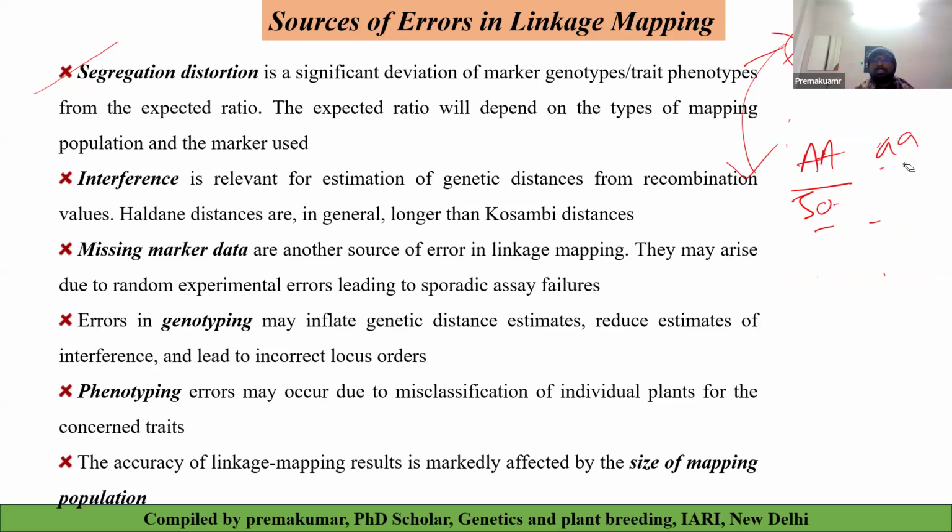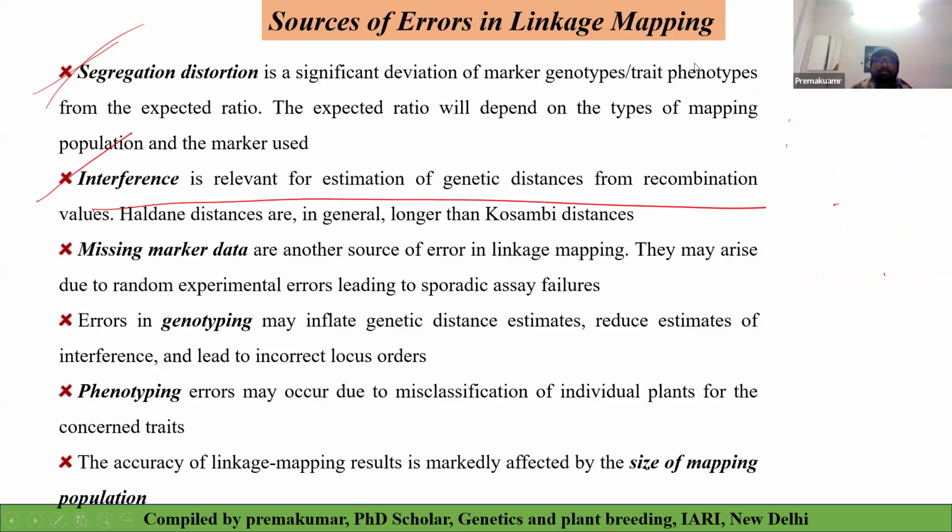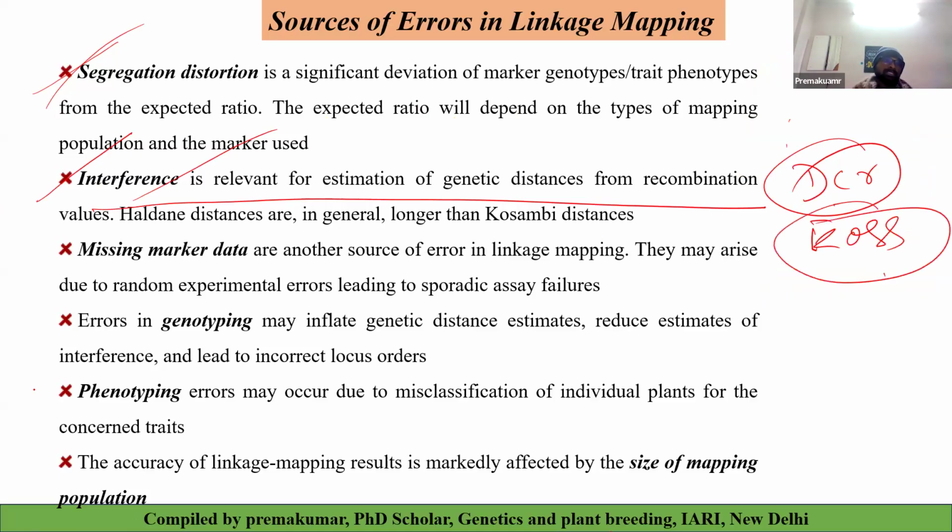If it is there, you will get error in mapping. Then interference, we discussed how interference will affect your mapping by creating double crossovers; I have to use the Kosambi correction factor to avoid this.